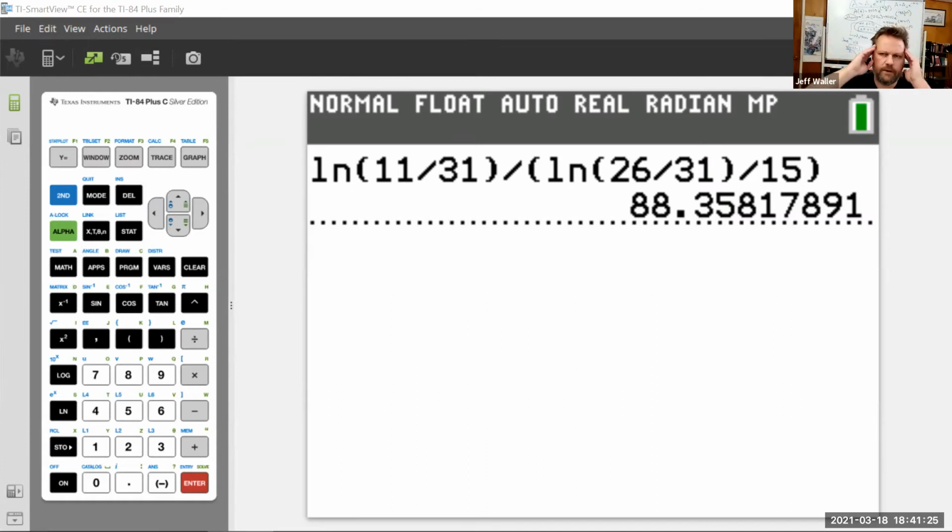Do you guys see how I got that? And it's actually wrong. I really want you to understand the reasoning behind what I just did and why it's wrong. If it took 15 minutes to cool down 5 degrees, you could kind of naively think it would take 3 times as long to cool down 3 times as much.